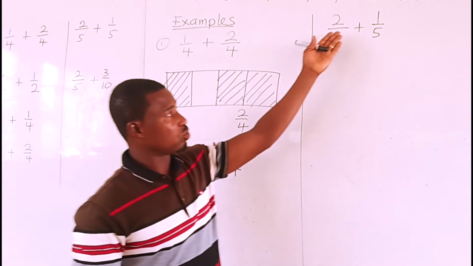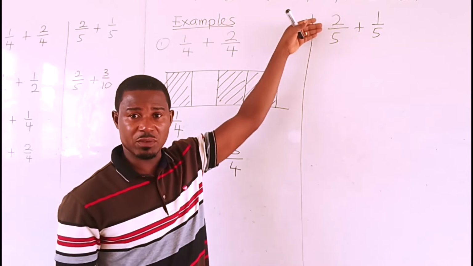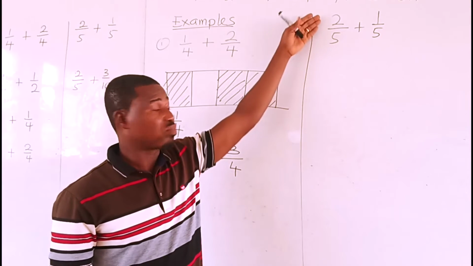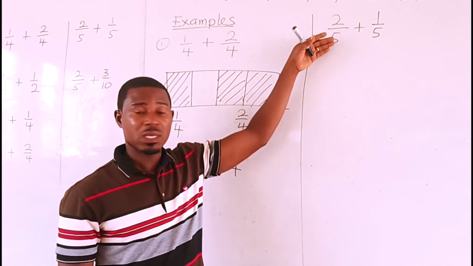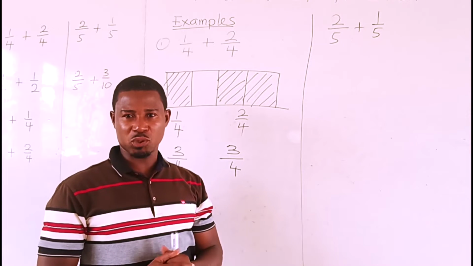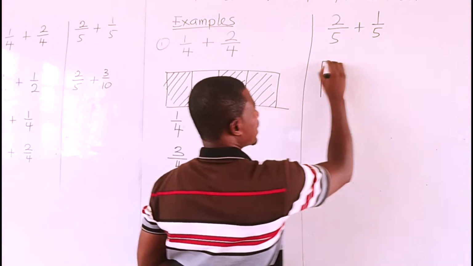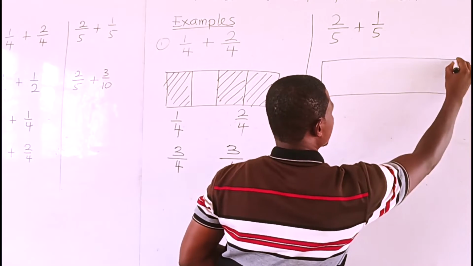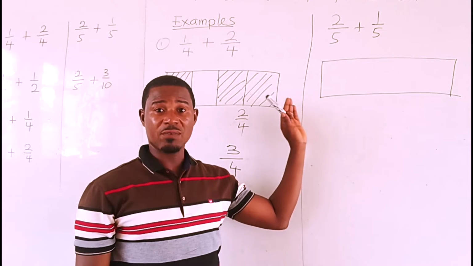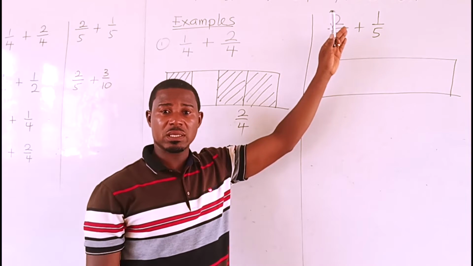Let's move on and do the same thing over here. This fraction says 2/5 plus 1/5. How do we use the diagram to solve this problem? Let's see. Again, we create our whole, and we'll have to divide our whole into 5 parts because the denominators are 5.